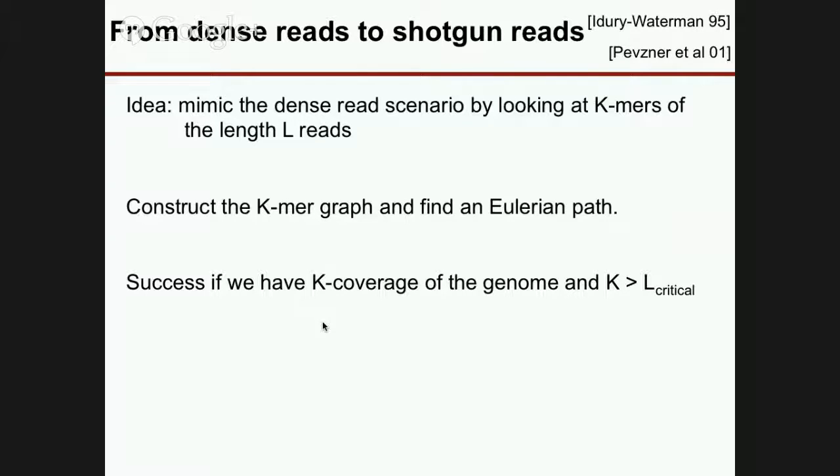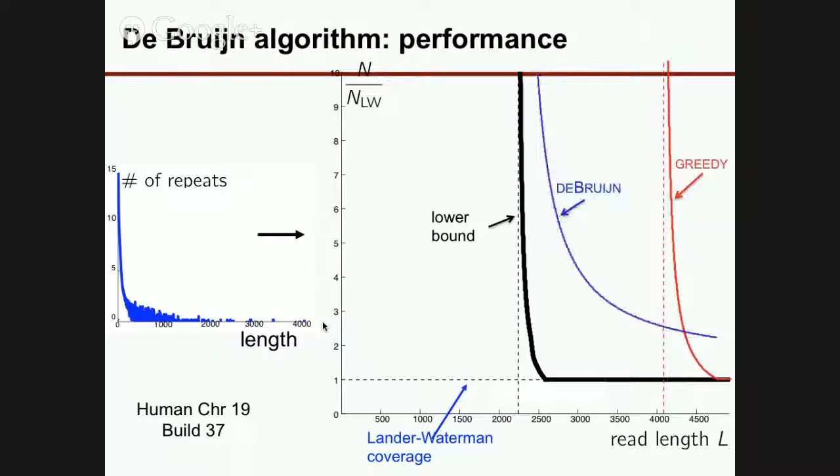And the curve looks like this, the blue curve. You can see that this blue curve actually reaches the vertical asymptote of the lower bound. That means as the number of reads goes to infinity, it eventually hits the lower bound.